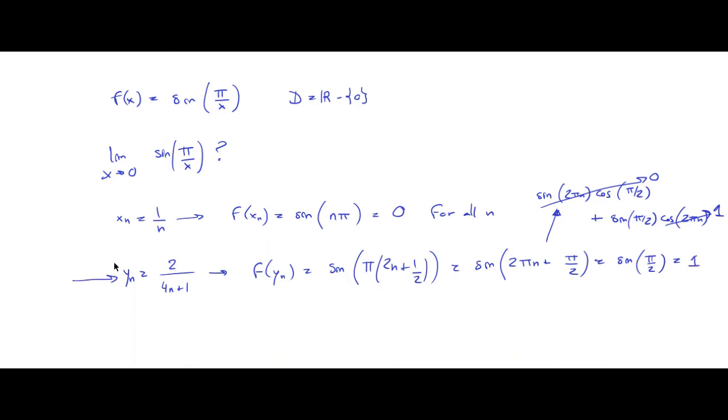So with one sequence we obtain the limit 1, with another sequence we obtain the limit 0. That means that the original function doesn't have a limit when x goes to 0. So the limit does not exist.